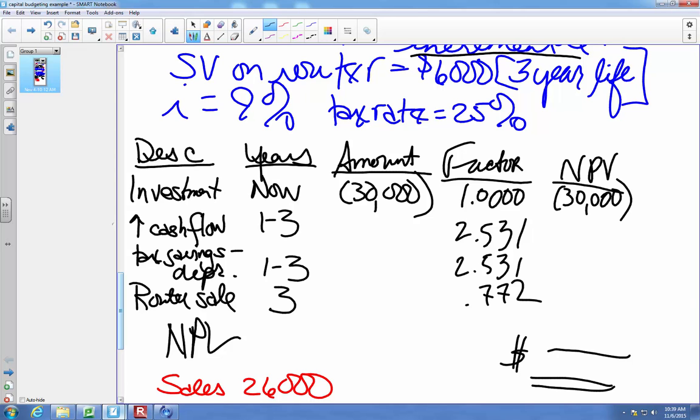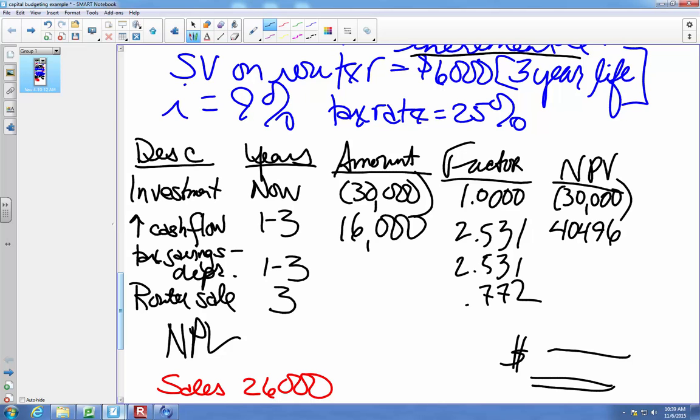So is the 16 grand inflow or outflow? That's coming in, right? So in today's dollars, that's worth what? 40,000. Depreciation savings. How much am I depreciating? The full 30?